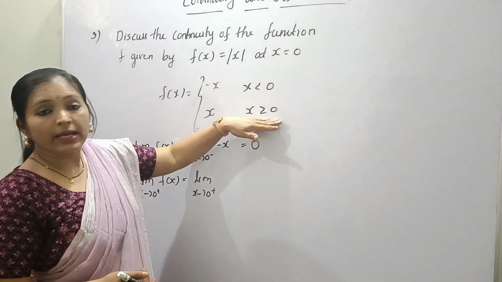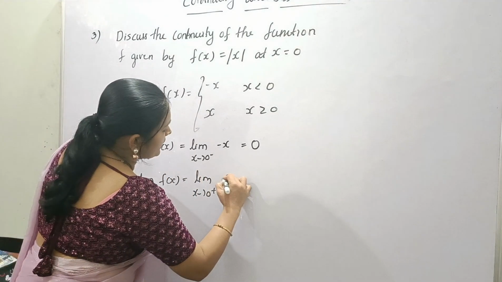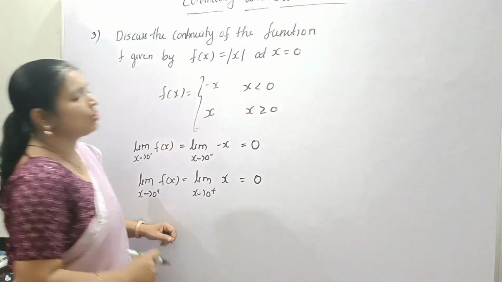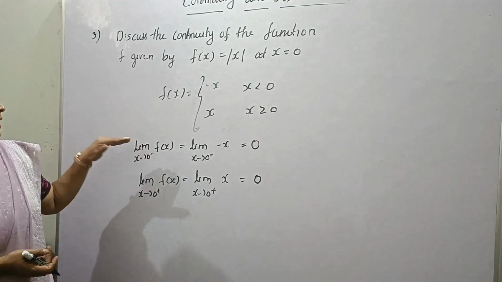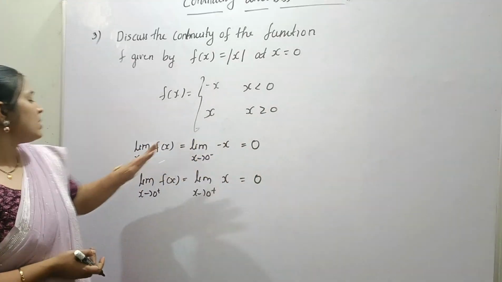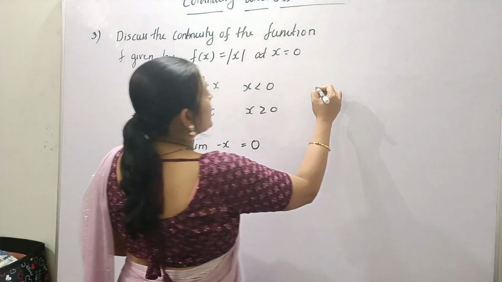So when x is greater than 0, the function is x. Here also substitute x is equal to 0, so we will get 0. So we have got limit x tends to 0 minus f of x is equal to 0, and limit x tends to 0 plus f of x is equal to 0.